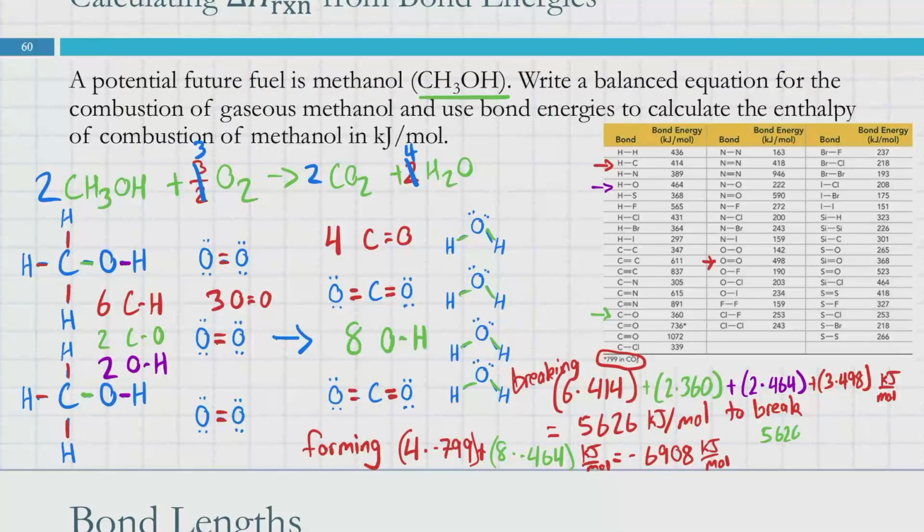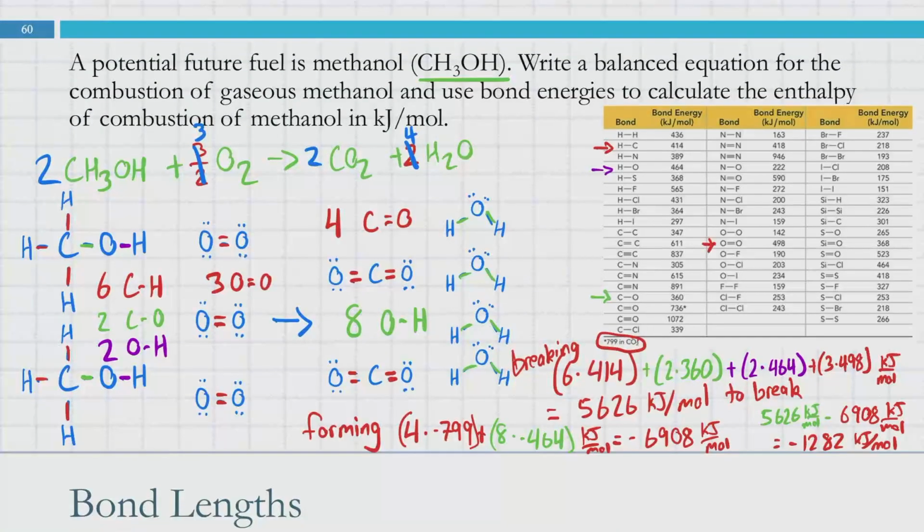So 5626 minus 6908 kilojoules per mole gives us negative 1,282 kilojoules per mole. For this reaction, that would be our delta H on the side.